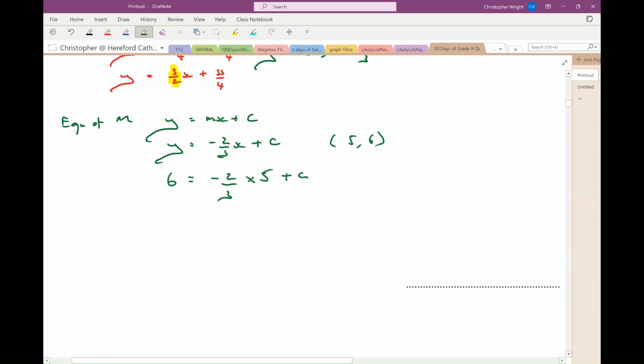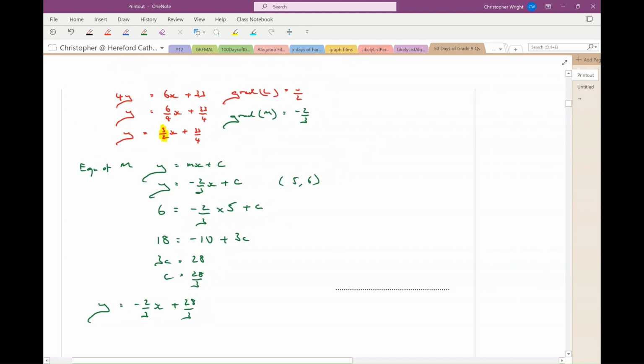And that will enable me to find out what c is. Let's multiply everything by 3. So I get 18 equals minus 10 plus 3c. So I get 3c equals 28. So c equals 28 over 3. So now I know the equation of M is y equals minus 2/3 x plus 28 over 3.